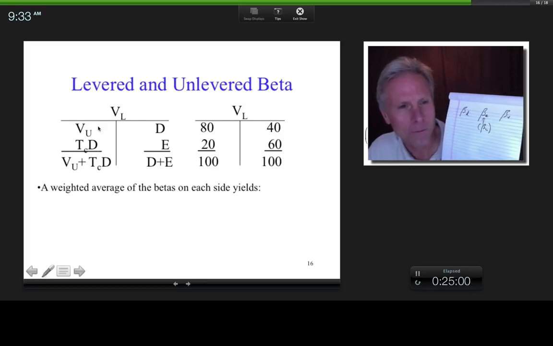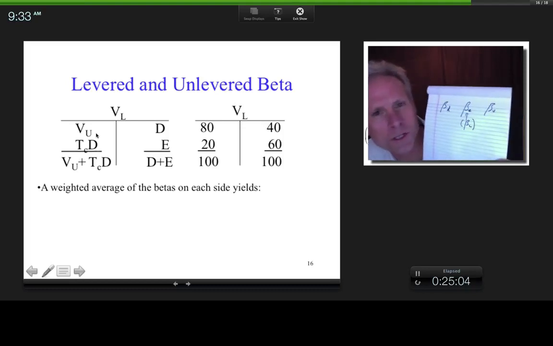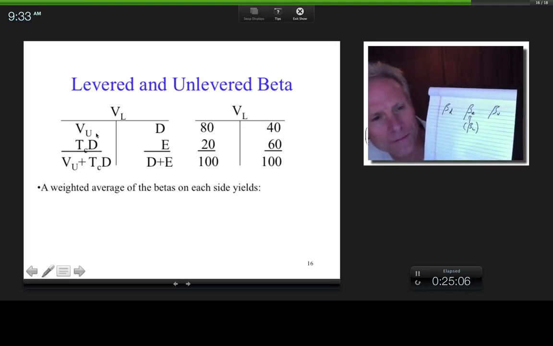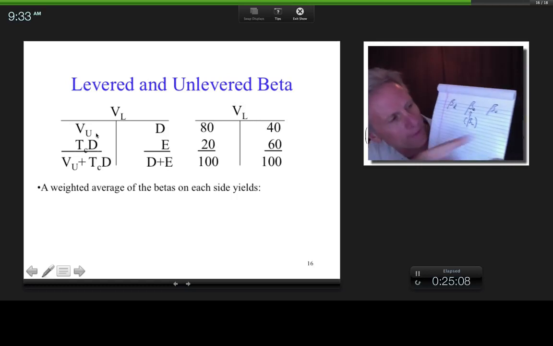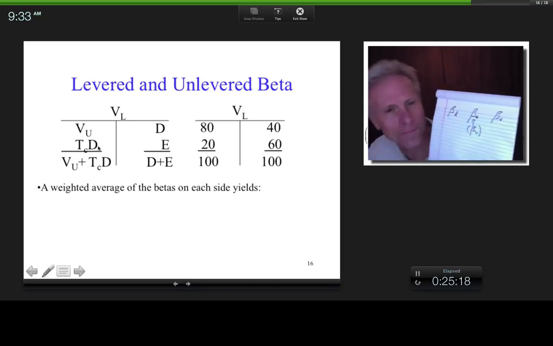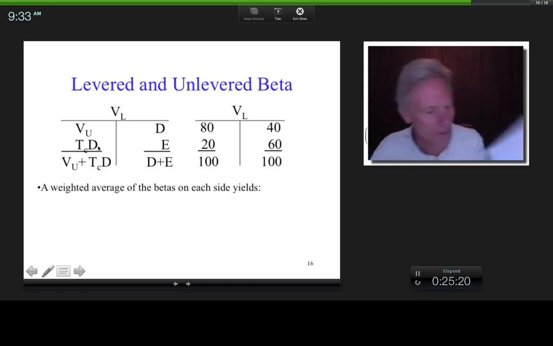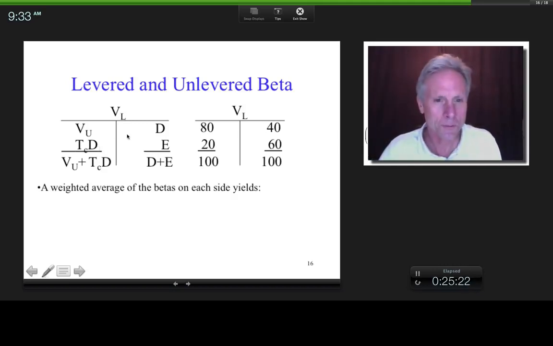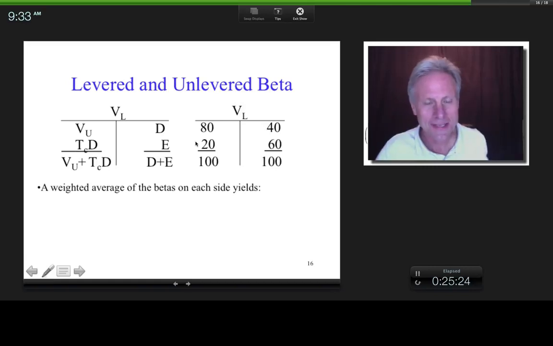What about this guy here, the value of the unlevered firm? What beta is associated with that? Well, that would be the unlevered beta. And what about here, where we've got something multiplied by debt? The beta of the debt, right? So now we know which beta is associated with which of these things.